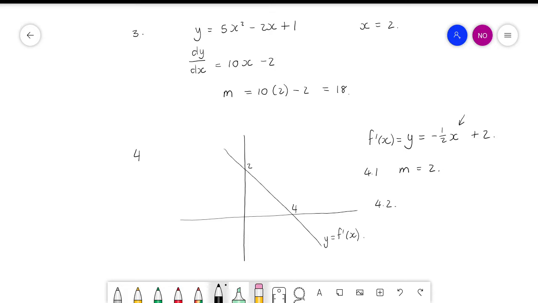Then for 4.2, they say the x value of the turning point of f. 4. Hoekom? Want dit is waar die eerste afgeleide gelyk is aan 0. In other words, where the graph of the first derivative intercepts the x-axis.